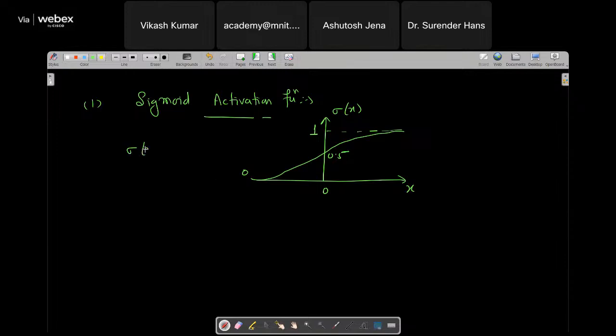Now sigma of x I can write as the expression 1 over 1 plus e to the power minus x.